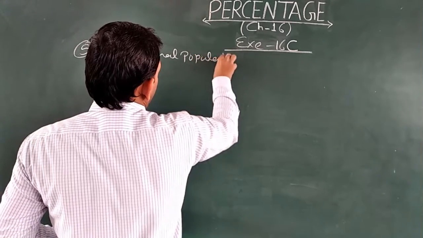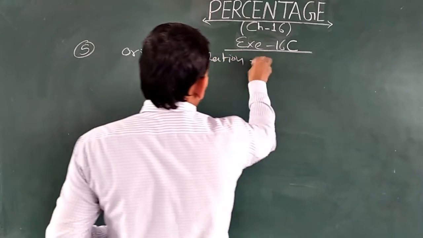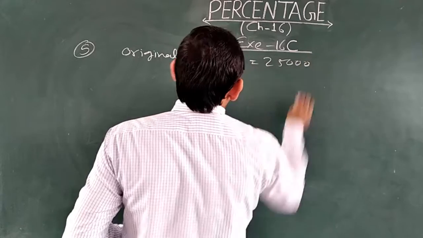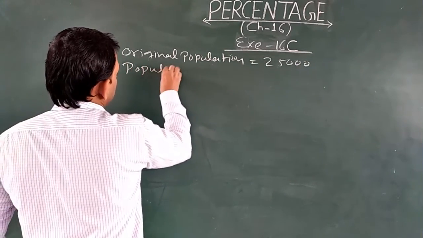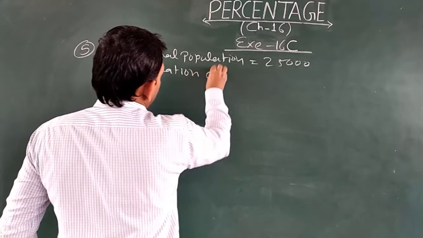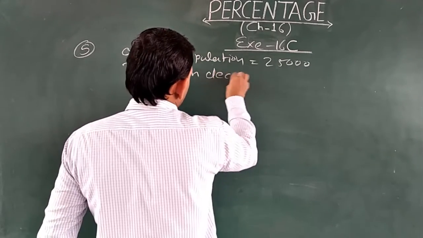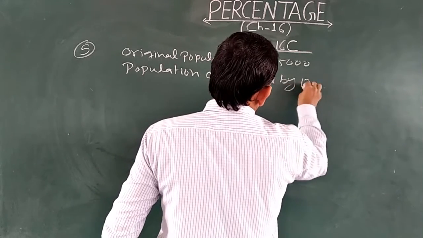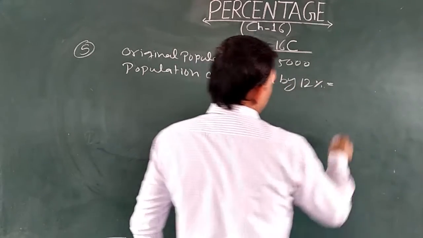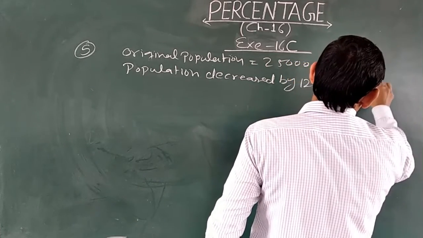Population is given, that is 25,000, and the population decreased by 12% will be 100 minus 12%.